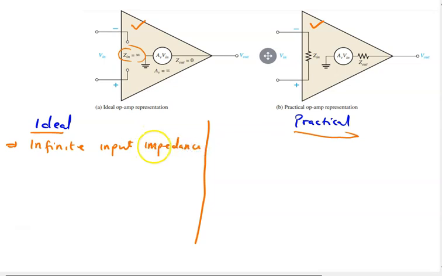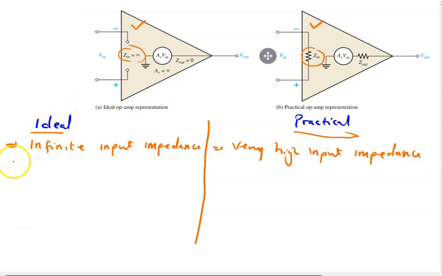That's for the ideal situation. But what about the practical situation? We have an impedance, but it's very high. So it has a very high input impedance.